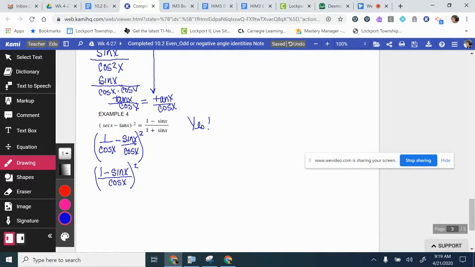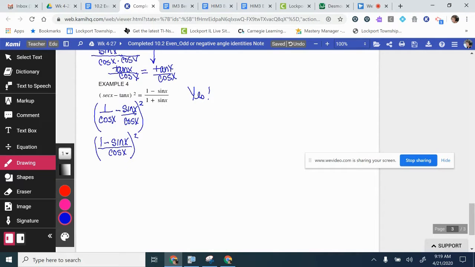And then I know my properties of exponents. I can square my numerator, and I can square my denominator. And then I'm going to use that Pythagorean identity again.